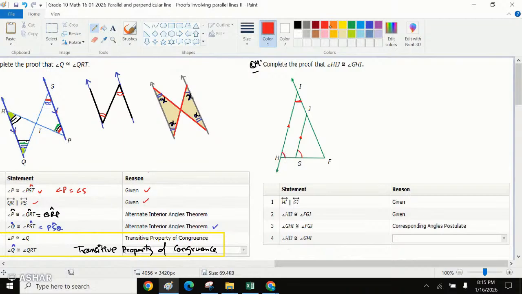But what they did in the question is they have marked this angle. And it's quite simple. Why? Because if we had a pair of parallel lines that was being intersected by a line at the bottom, right?